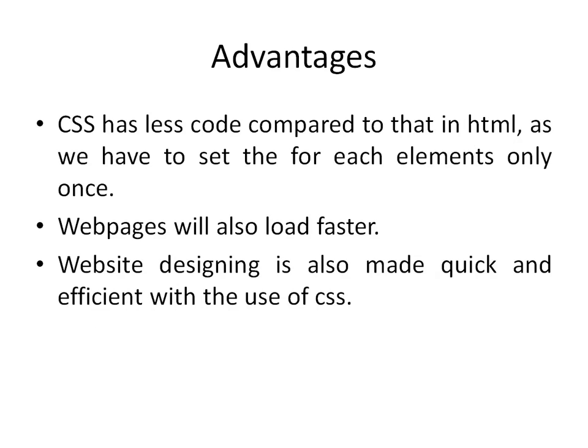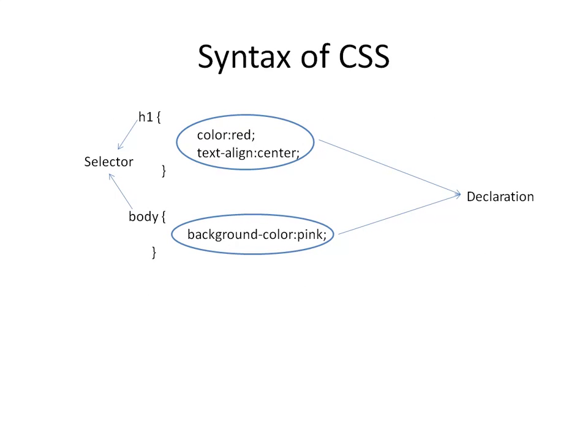Now CSS syntax. It has two parts: the selector, like h1 and body, might be p or anything, and the declaration. The declaration has two parts: property and value. Here color, text-align, and background-color are our properties, and red, center, and pink are our values.